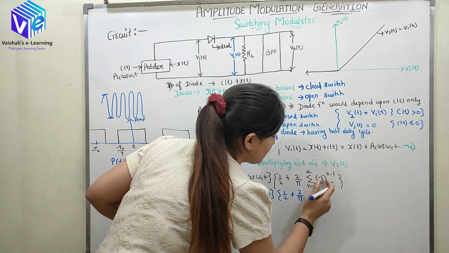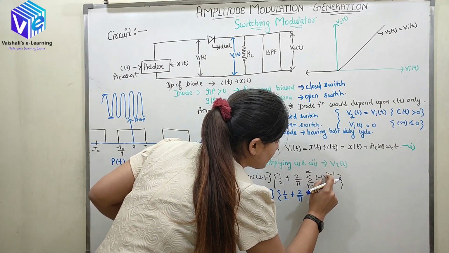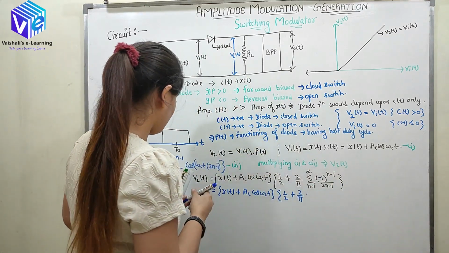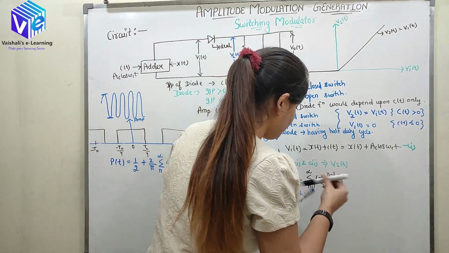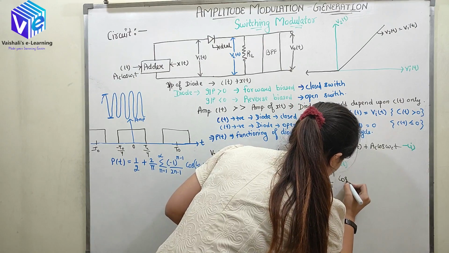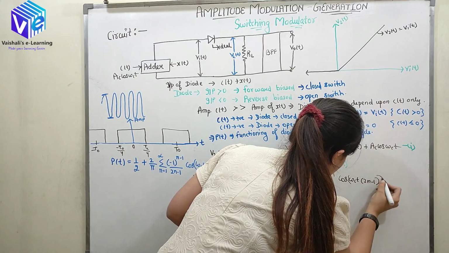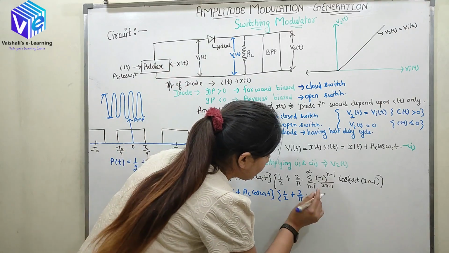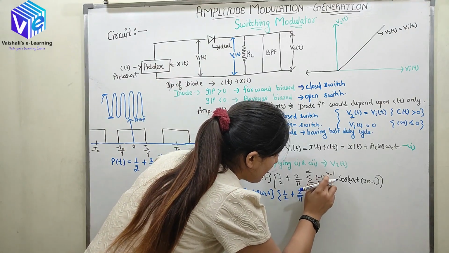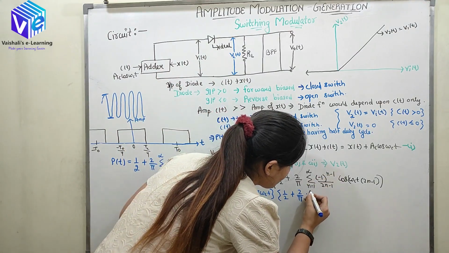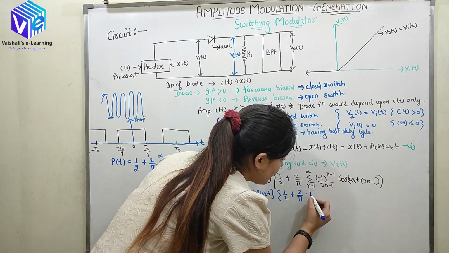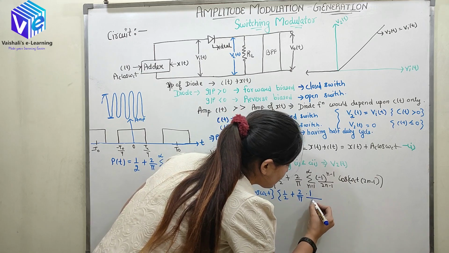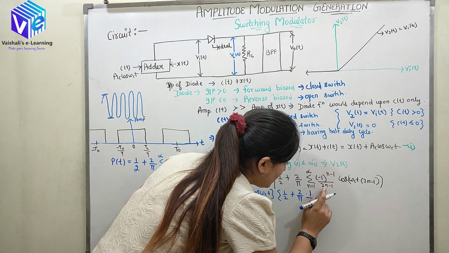When I put n is equal to 1, minus 1 raised to power 0 would be 1. So here I left a term. So I left this term. So now coming back here, minus 1 raised to power 1 minus 1 would be 0. So minus 1 raised to power 0 would be 1. Here when I put 1, 2 into 1 minus 1, so it would be 2 minus 1.